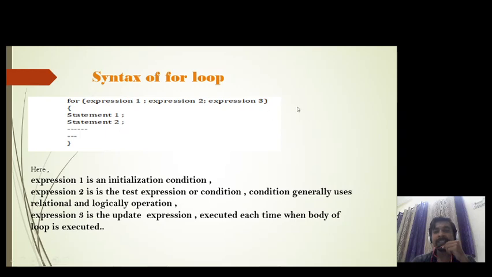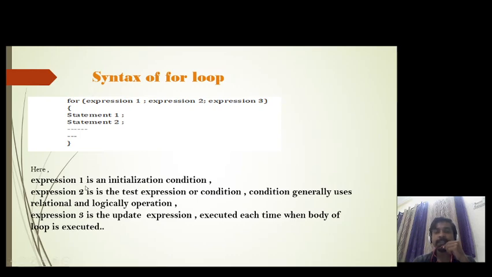I request all of you to try to understand what is inside expression 1, expression 2, and expression 3. Here, for is nothing but our syntax. Inside for we give expression 1, expression 2 and expression 3. Here expression 1 is nothing but our initialization condition. In the previous example we checked i equal to 1 or i equal to 0.